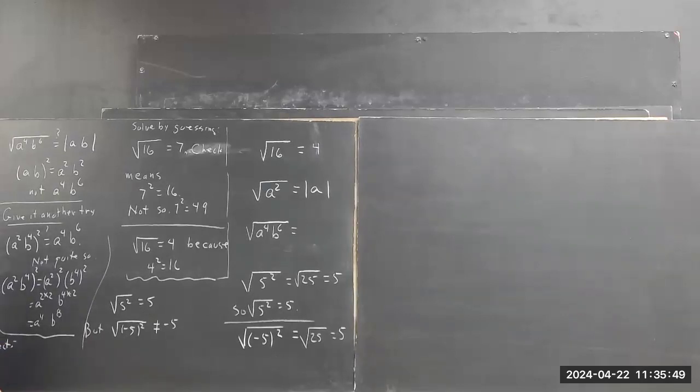The correct answer here is a squared b cubed, squared. This gives you a to the 2 times 2 times b to the 2 times 3, which gives you a to the 4th, b to the 6th.